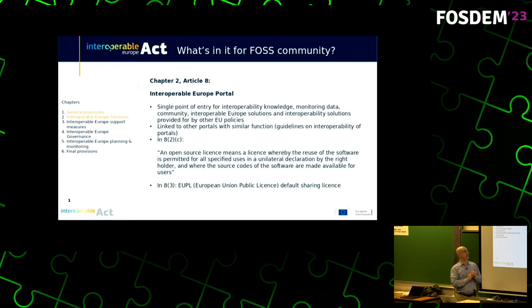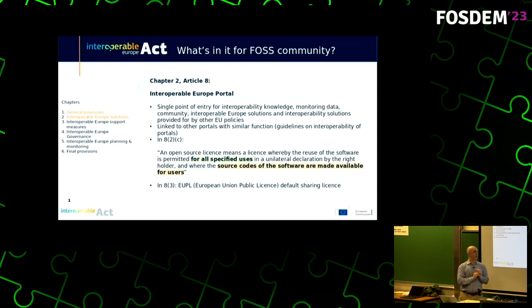One interesting part of Article 8 is that there is somewhat a definition of what free software / open source is. So it says here, I'll highlight some bits. An open source license means a license whereby the reuse of software is permitted for all specified uses in a unilateral declaration by the right holder and where the source codes of the software are made available for users.